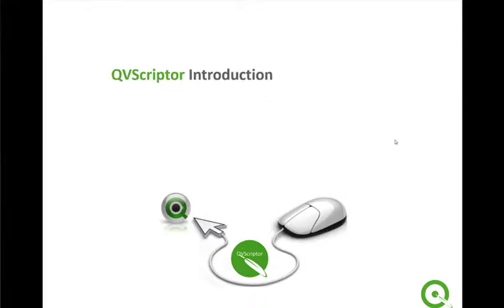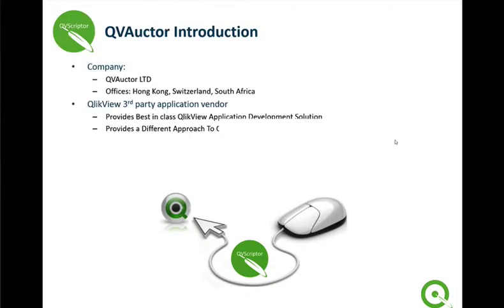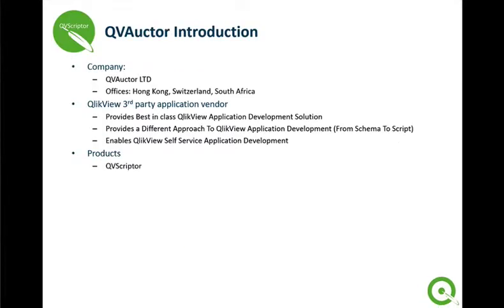So just a quick introduction. QVScriptor is the company that produces the QVScriptor product. We have a footprint in Hong Kong, Switzerland, and South Africa, and we are a third-party QlikView application development company, and we provide the best-in-class QlikView application development solution, as we provide a different approach to QlikView application development, coming from schema to script.